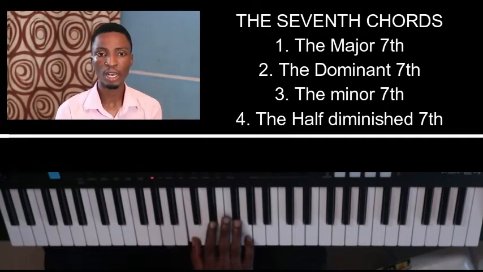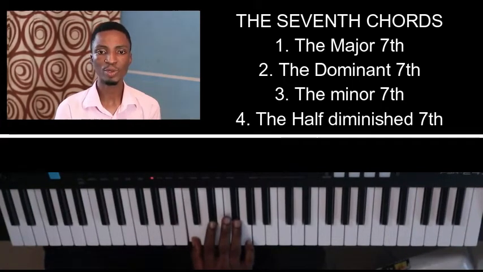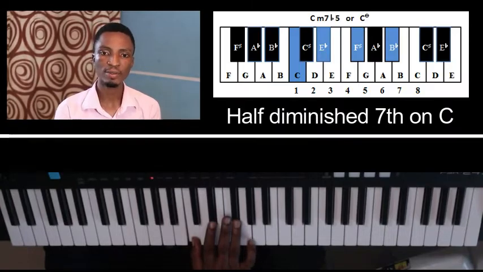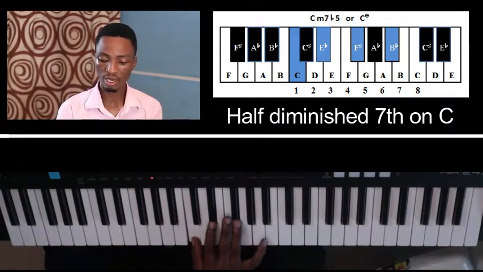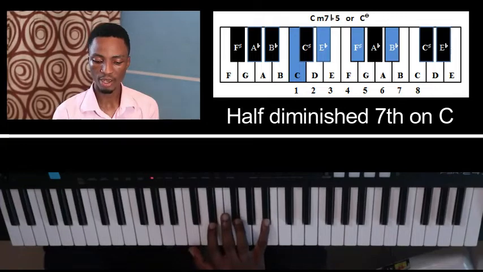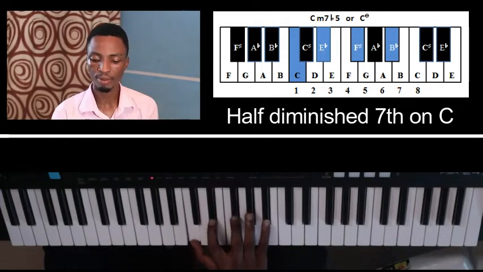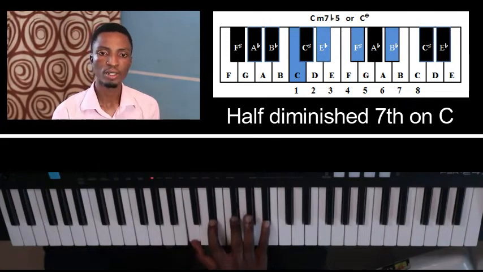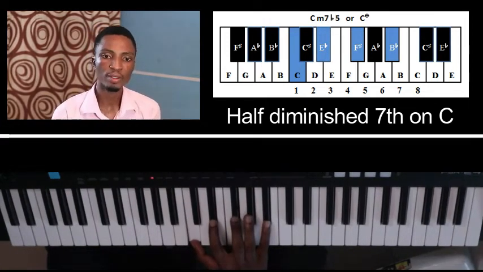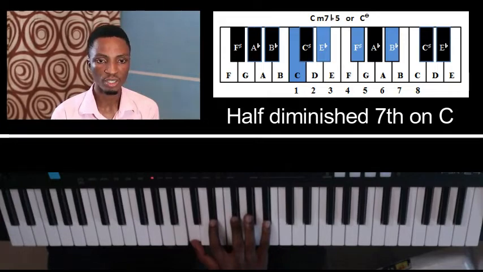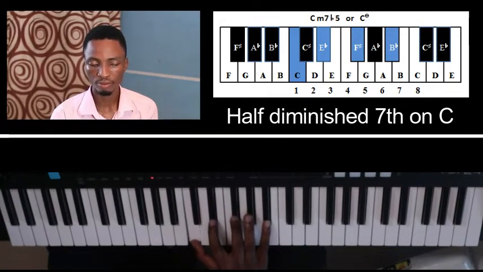Now a half diminished chord is built by adding the flattened 7th note to the diminished triad. So we have C, E flat, G flat, and B flat as the C minor 7th flat 5 or C half diminished 7th chord.